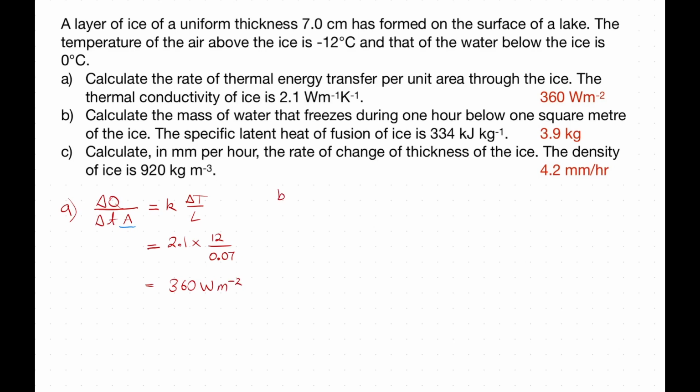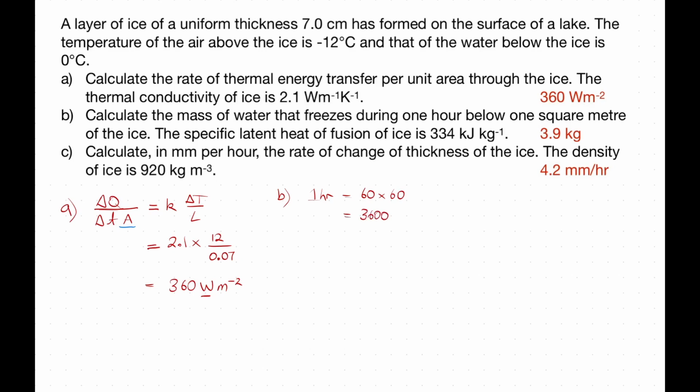For part B, we've got calculate the mass of water that freezes during 1 hour. So we need to calculate how many seconds there are going to be in an hour because watts is measured in seconds. So that means that 1 hour is equal to 60 minutes times 60 seconds. So this is going to be equal to 3,600.